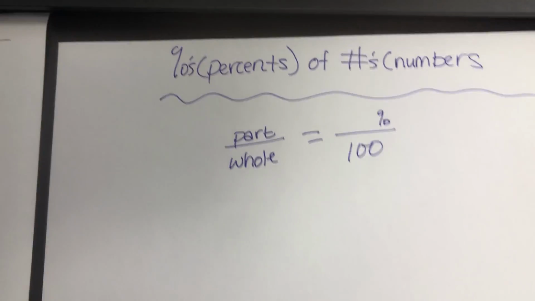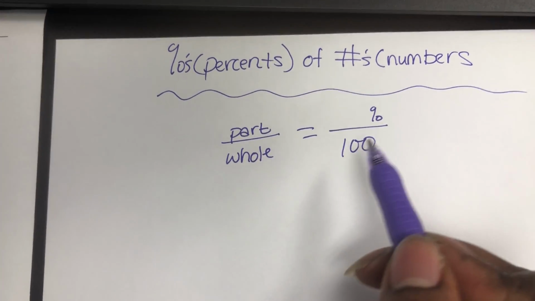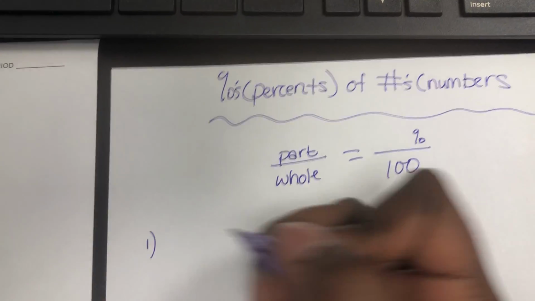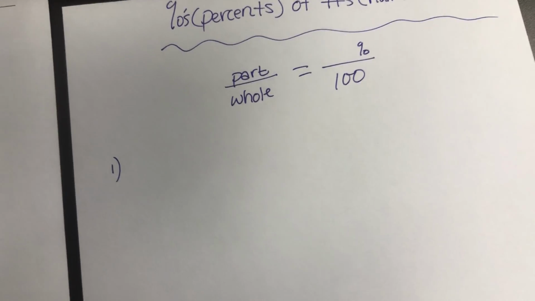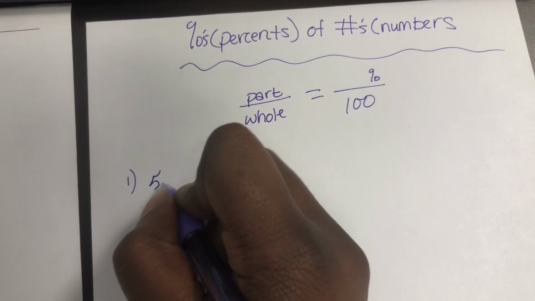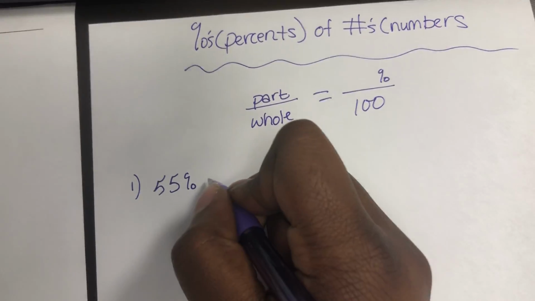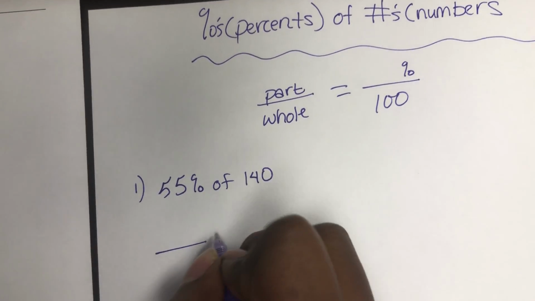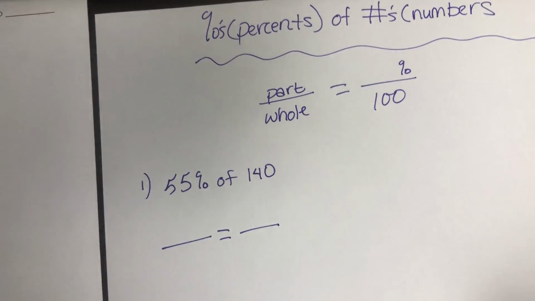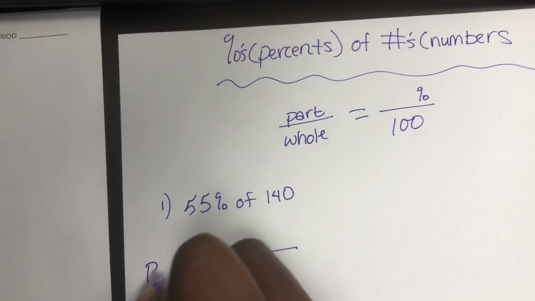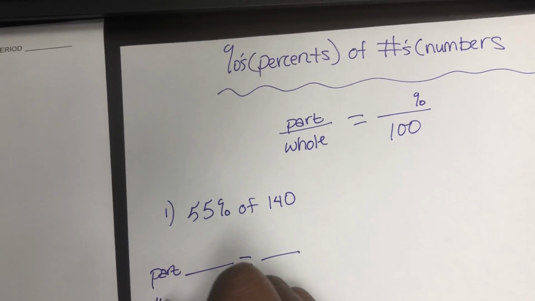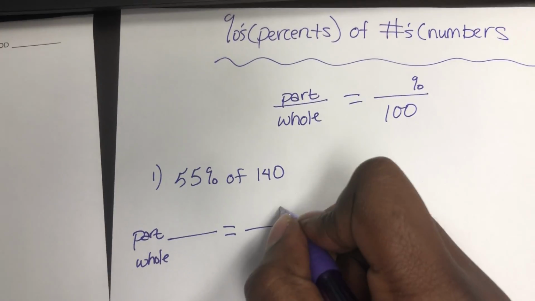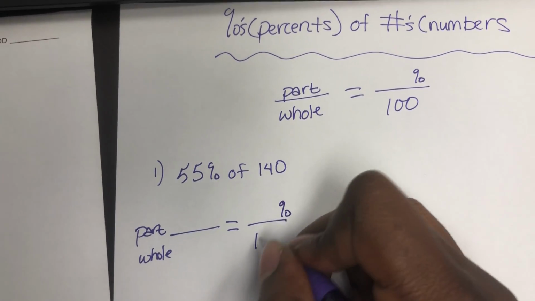So now that we're familiar with our setup, let's go ahead and do number one. Number one says 55% of 140. So we're going to set that up. Here's our part, here's our whole, here's our percent, and it's always out of 100.